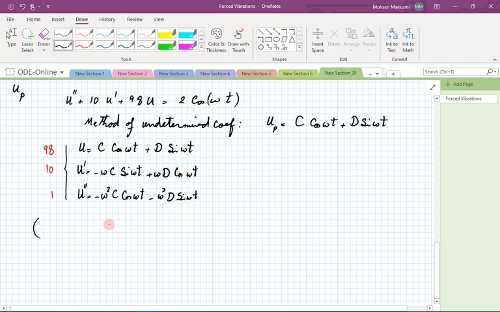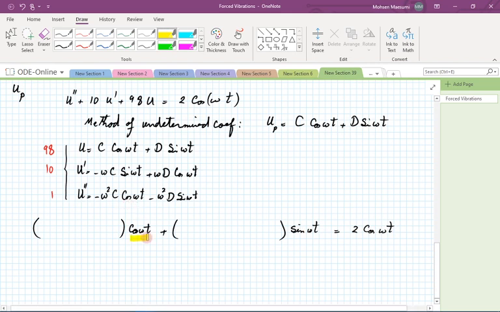So let's put a basket here for all of my, say, cosines. Put another basket here for all of my sines. And this is supposed to reproduce the right hand side for me. So who's going to go in which basket?